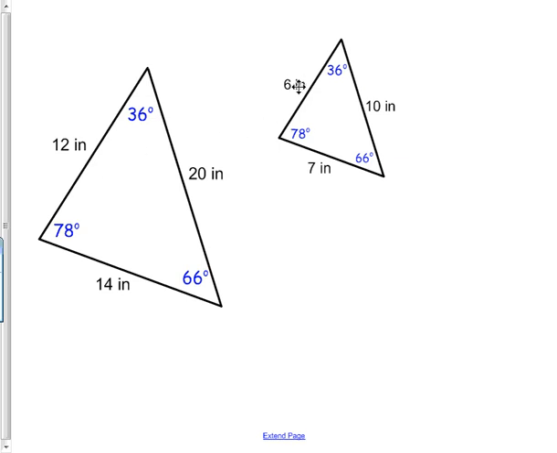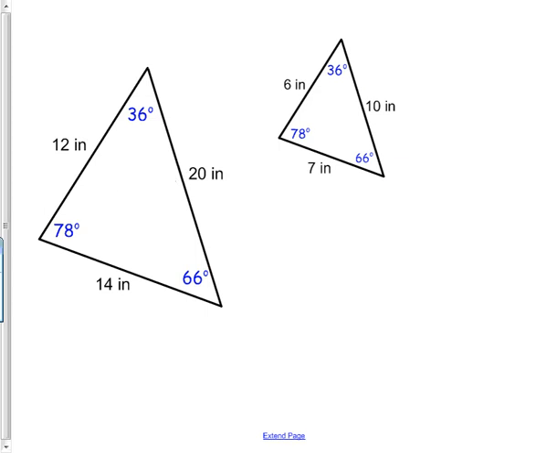I notice that these sides, 6, 7, and 10, are exactly half of these, 12, 14, and 20. However, they're not the same. So this would have to be 12, this would have to be 20, and this would have to be 14 for these to be congruent. So these are called similar, and that's a whole different idea, a whole different chapter in our book. But these are not congruent because not all the corresponding sides are congruent.